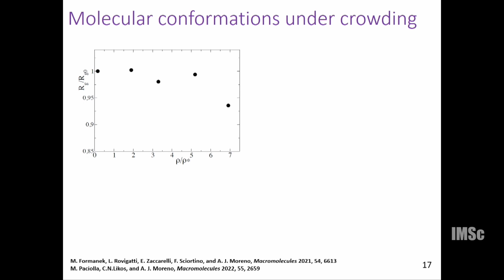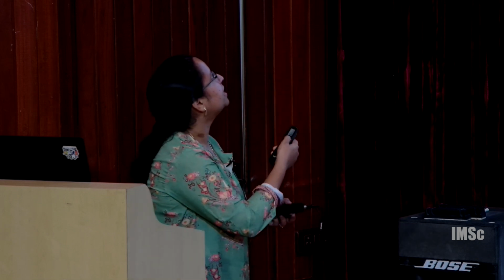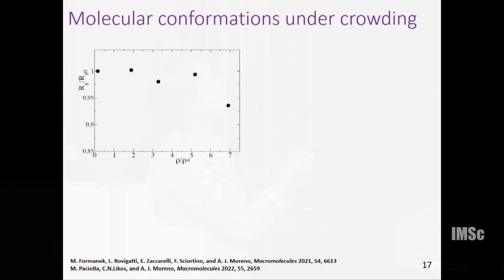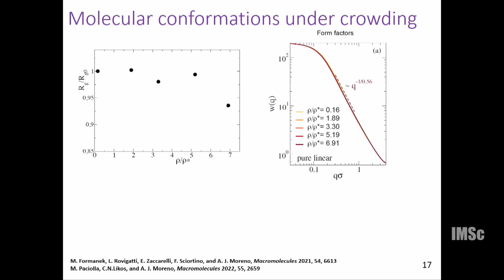So I just discussed the scenario at infinite dilution. You may ask the question, what happens when you go for higher concentrations? You can see the Rg is not changing that much. The size of the chains is not perturbed as much, and you can also find the conformations to be unperturbed. This is not true if you are talking about irreversibly cross-linked chains or simply linear polymers.